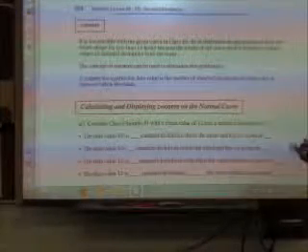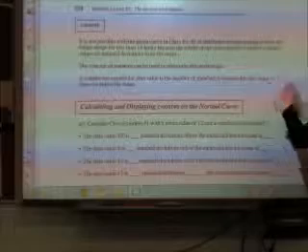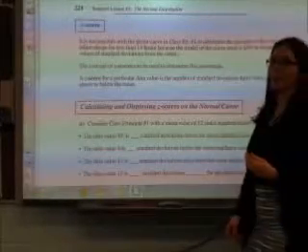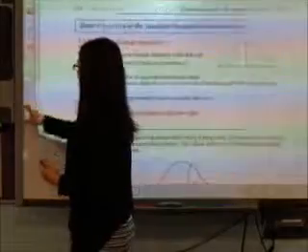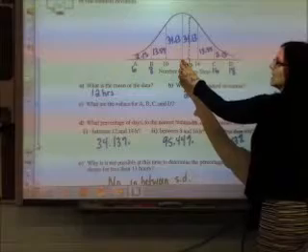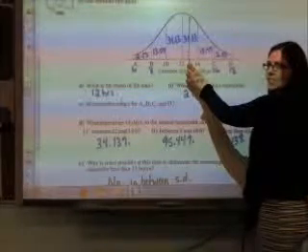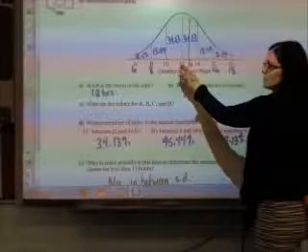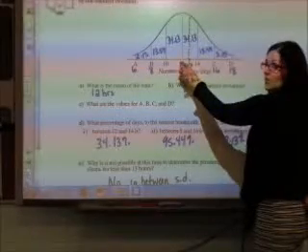A z-score for a particular data value is the number of standard deviations the data is above or below the mean. So if I look quickly at this diagram, 13 is how many standard deviations above 12? This is one standard deviation.